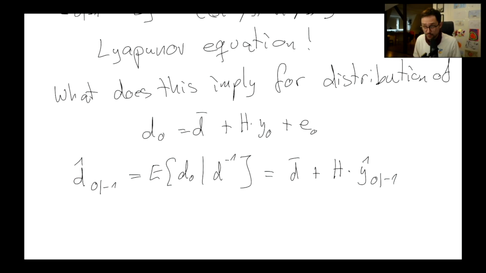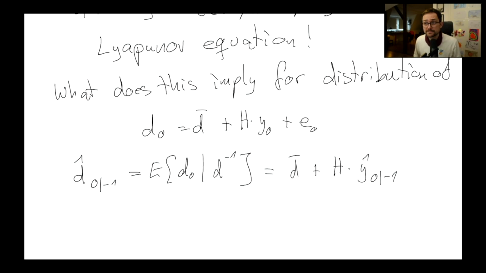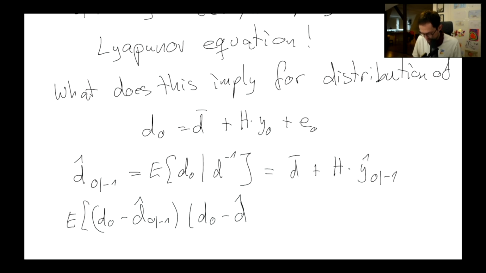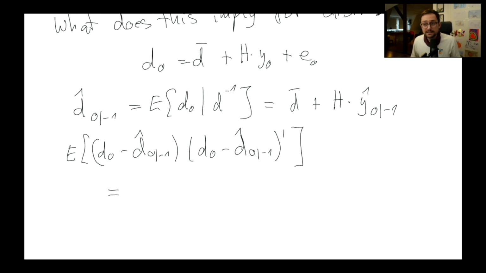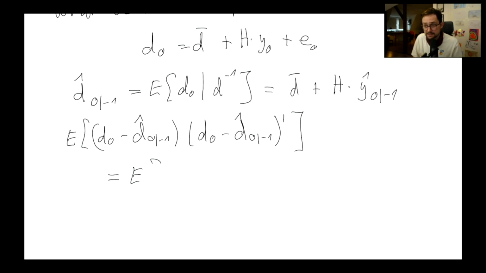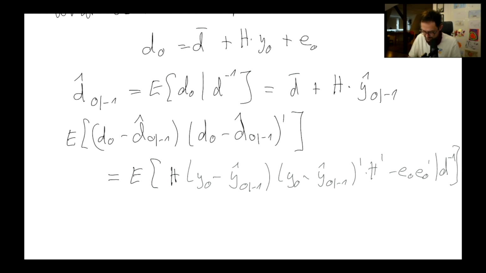What about the conditional covariance? So the mean squared error of d0 given information up to t equals -1: (d0 minus d hat 0 given -1)(d0 minus d hat 0 given -1) prime. Plug it in, develop terms, and you can notice that cross terms in e0 can be dropped because they are uncorrelated with everything else. So at the end, you will arrive at something that looks like this. Sorry, I'm missing a condition on d minus 1 here.